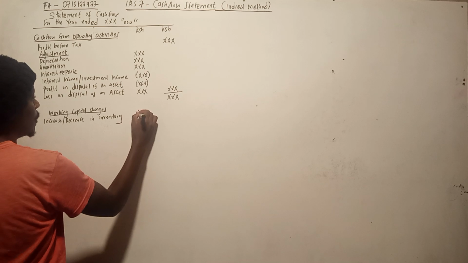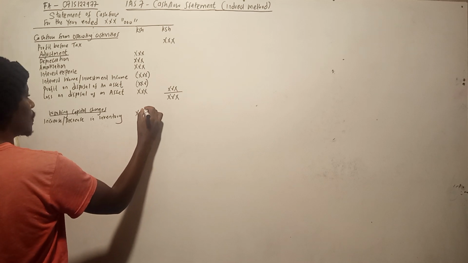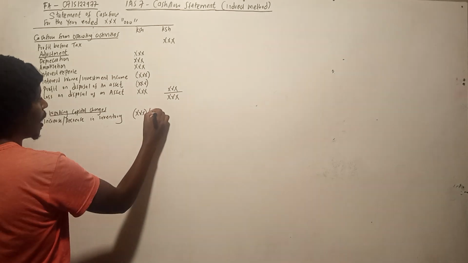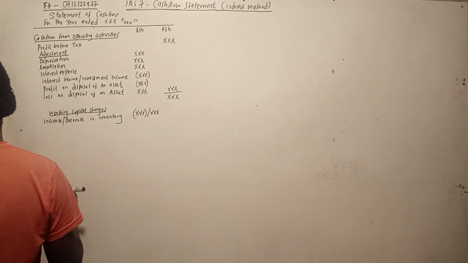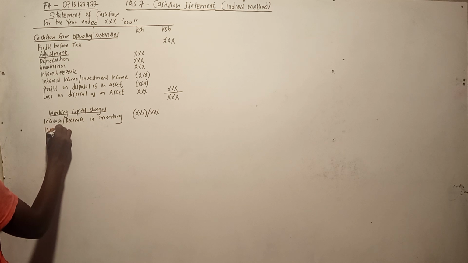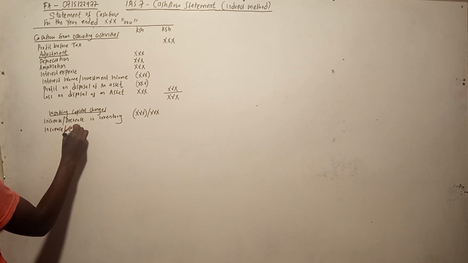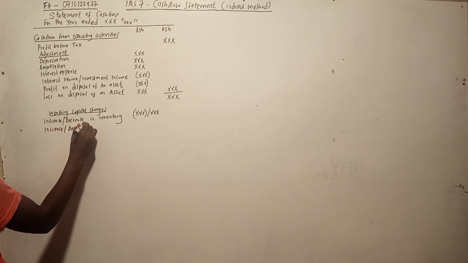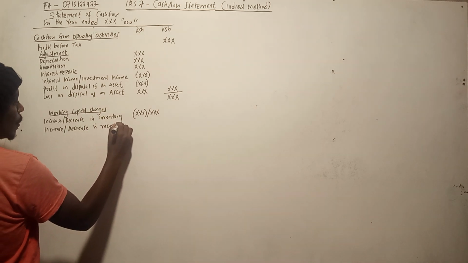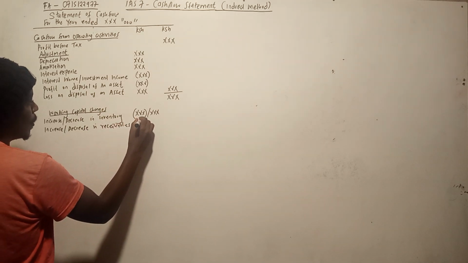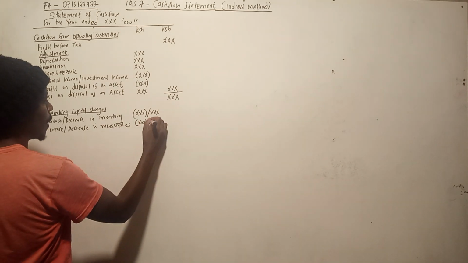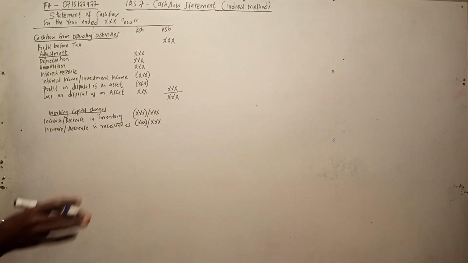When you have an increase, we are supposed to deduct. When you have a decrease, we add. Then increase or decrease in receivables. When you have an increase, we less, then a decrease we add. So you check if you have an increase or a decrease.